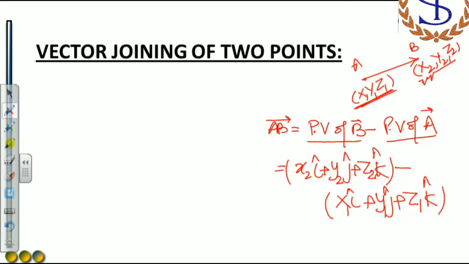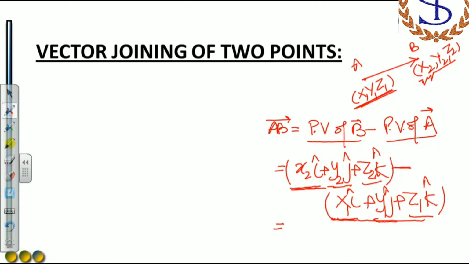Now how can you get this AB? Simple, by subtracting this from this. We can subtract the like terms. Here x1 i cap is subtracted from x2 i cap. Then y1 j cap is subtracted from y2 j cap, and then z1 k cap is subtracted from z2 k cap.